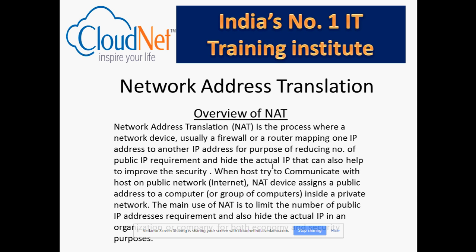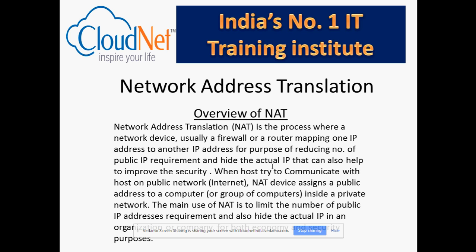Now if we are using network address translation, it can help us reduce the number of public IP addresses required, because we can map many private addresses to one public address. Suppose we have 20 computers in our inside local area network, then they can be mapped with only one public IP address, and all systems will be able to access the public internet.